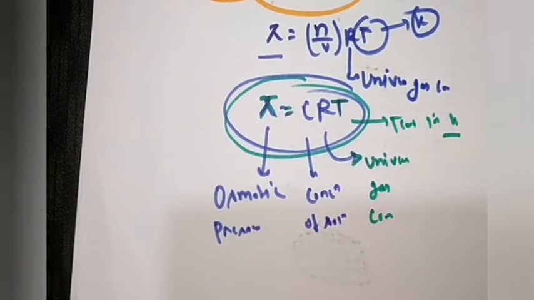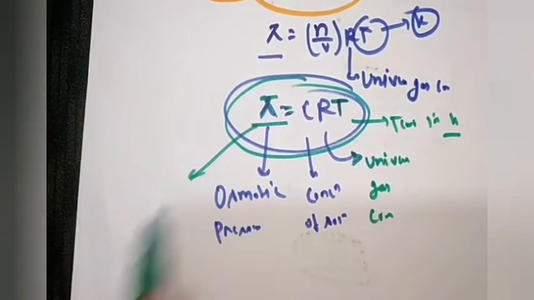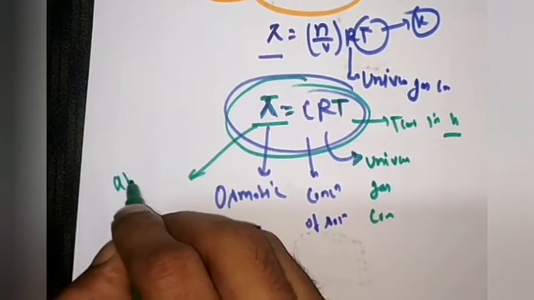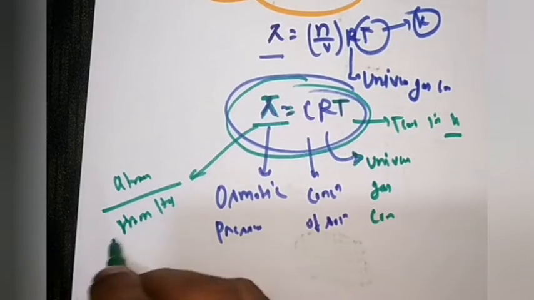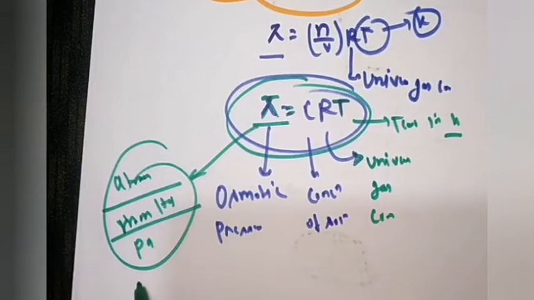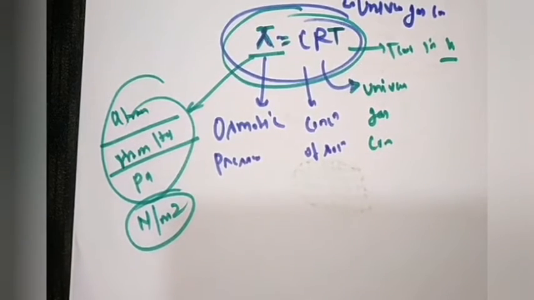Check what is given in the question. Try to concisely note the data given and focus on the solution part first. The unit of pi may be in atm, mmHg, Pascal, or Newton per meter square, so focus on the options first and solve accordingly.